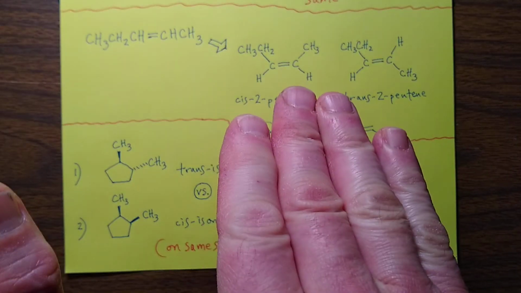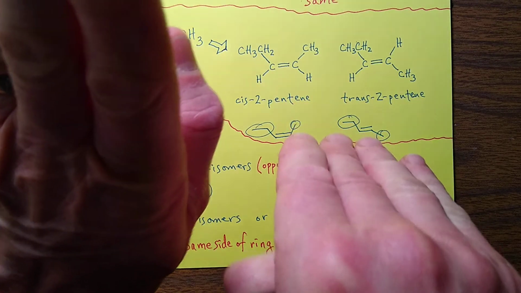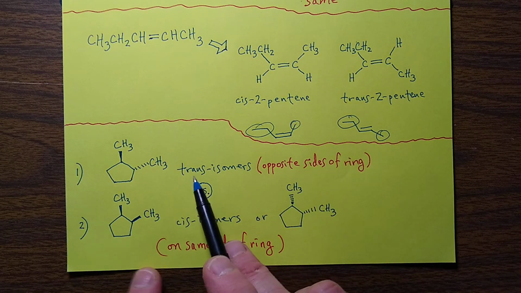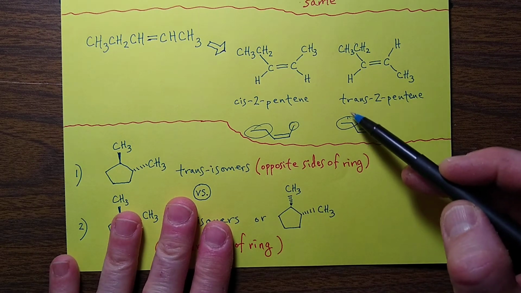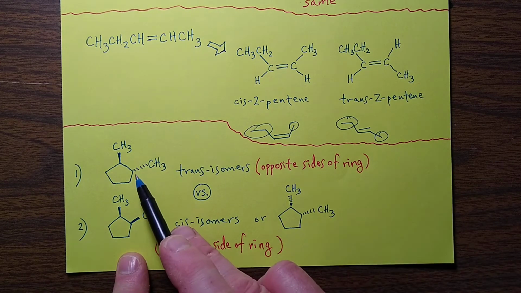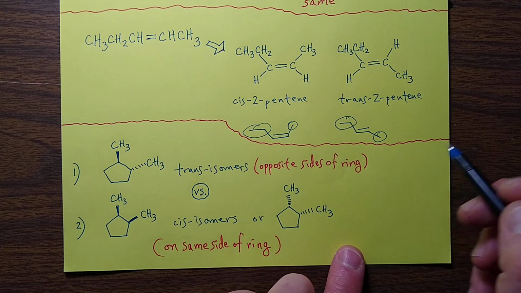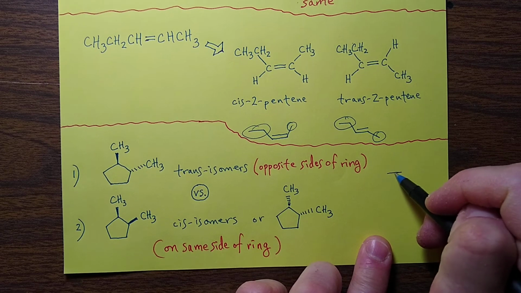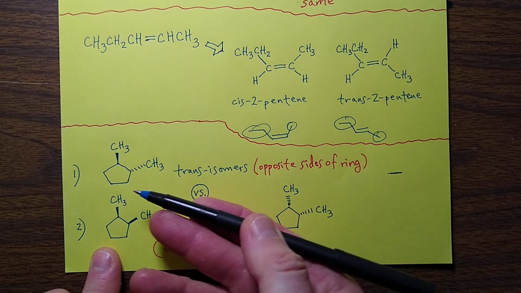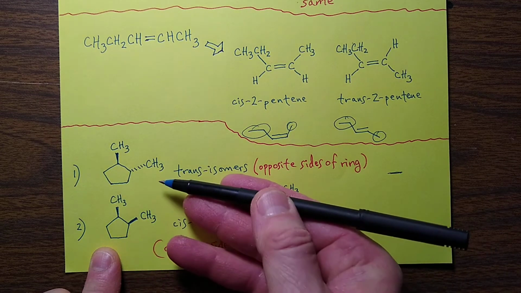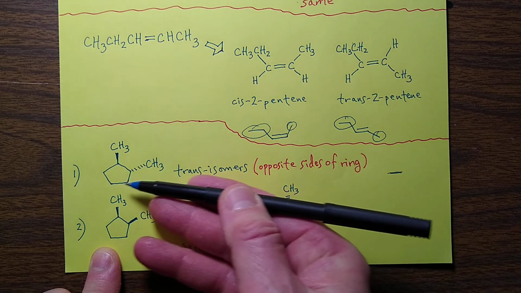Those are actually on opposite sides of the ring. One's up and one's down. That's a trans relationship, just like this is up and this is down. Same thing here. It's almost like, let's imagine that the ring is here. You're in the plane of the paper, and you're looking at the ring from this direction.